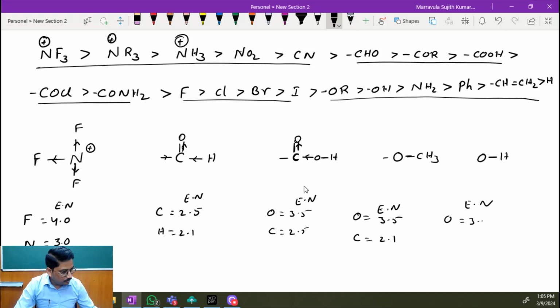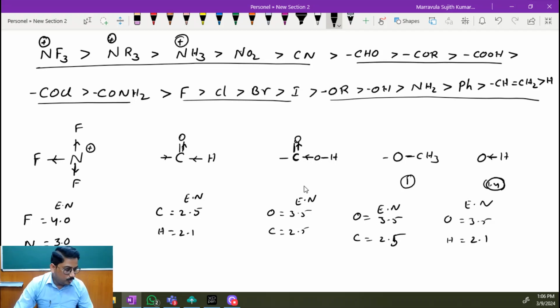So what is the difference here? Almost 1 here, and here it is 1.4. We know that oxygen is more electronegative, that's why the electrons should be attracted towards the oxygen, right? So then it has to come first.